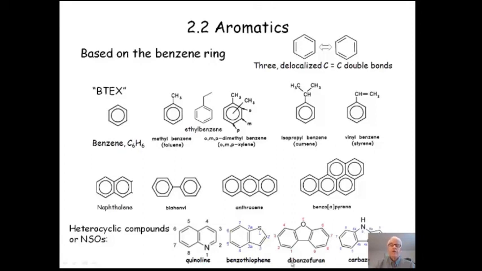Benzothiophene has sulfur. Dibenzofuran has an oxygen substitution. Carbazole is another nitrogen substituted compound. The interesting feature of these chemicals is we actually know less about their toxicity and probably have less experience with their environmental fate. But in general, these are more water soluble and more mobile in groundwater than the equivalent PAH.